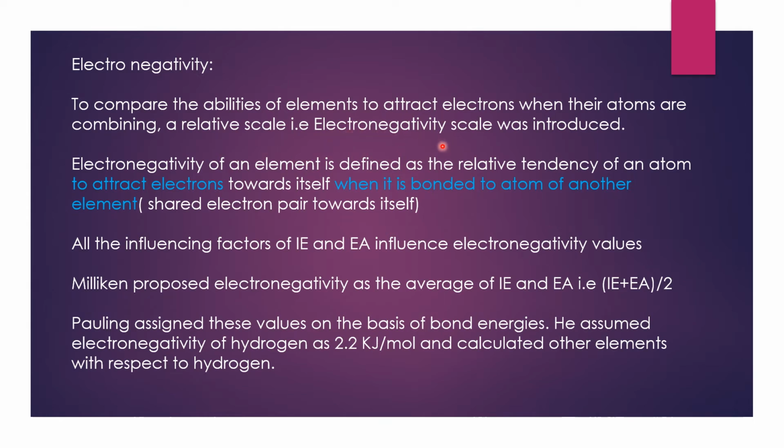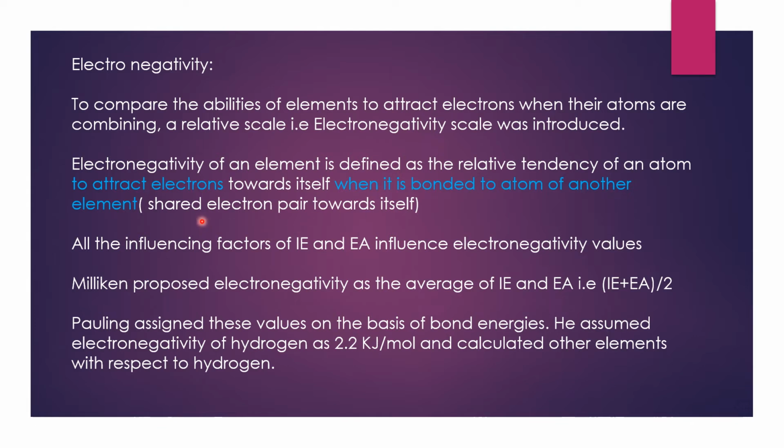So to compare the abilities of the elements, this electronegativity scale was introduced. Electronegativity of an element is defined as the relative tendency of an atom to attract electrons towards itself when it is bonded to an atom of another element.